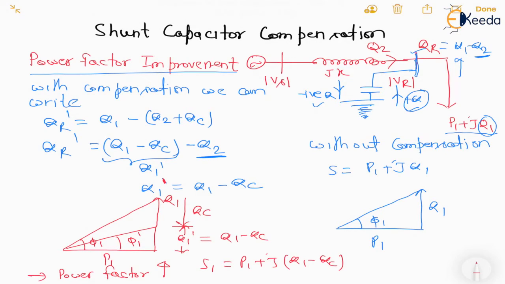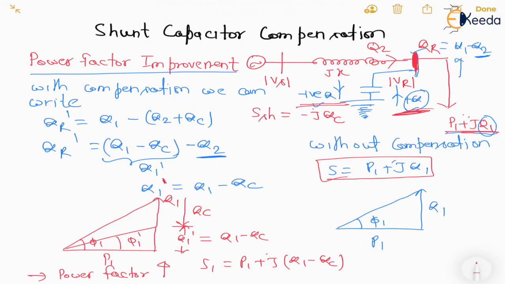We took the case when we have taken the terms in plus Q. Now we are going to see it with negative Q, meaning you will sit on the source side and you will see the combination of load as well as the compensation. Initially S1 was P1 plus JQ1, and now if we add this total load, the load of S shunt we can write as minus J into XC. SSH is equal to minus J into QC basically.